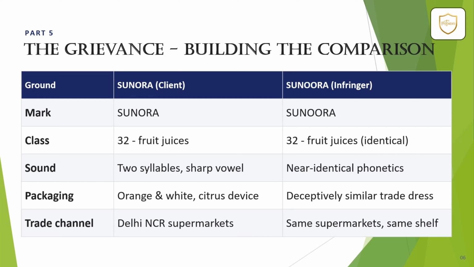But if I break it into separate lettered points, then each one is independently provable and independently defensible. If the opposing counsel attacks one point, my other three points would still stand on their own. And this is a drafting technique, not just formatting. You use it every time you are building a multi-ground argument.